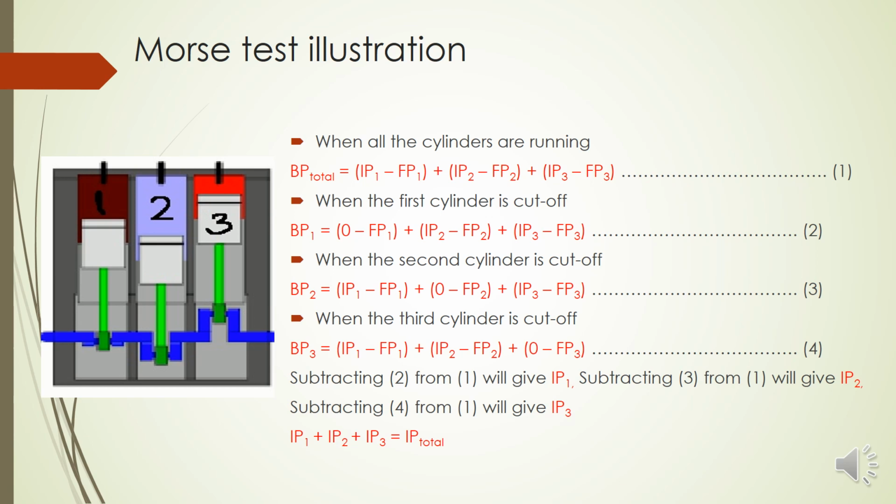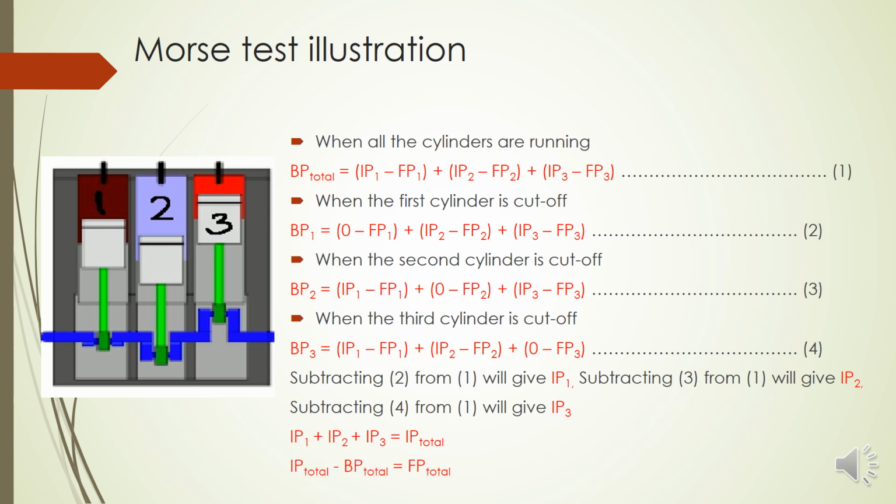But you want frictional power. You already have the total indicated power, and initially you obtained the total brake power of all the 3 cylinders. So just subtract BP total from IP total, and you will get the frictional power.